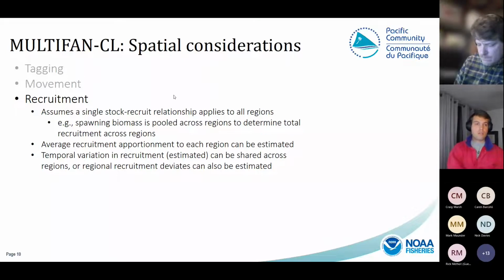It also allows for temporal variation in recruitment. Again, that can be estimated. And this temporal variation can be shared across regions, or you can estimate individual regional recruitment deviates. And if you do that, it quickly explodes the number of parameters that you're working with, because you have one for every time step in every region, or n-1 time steps in every region.